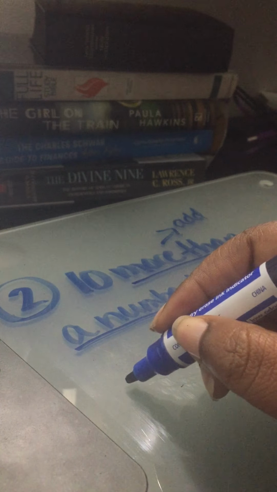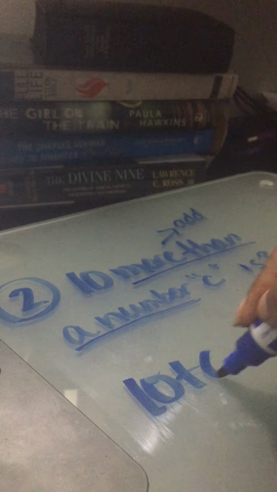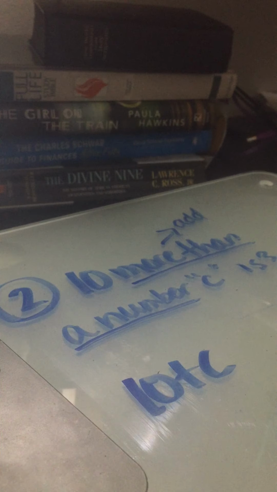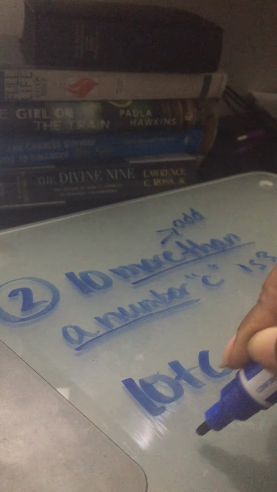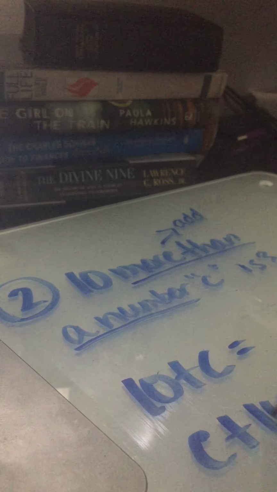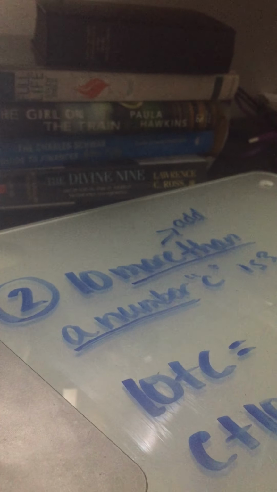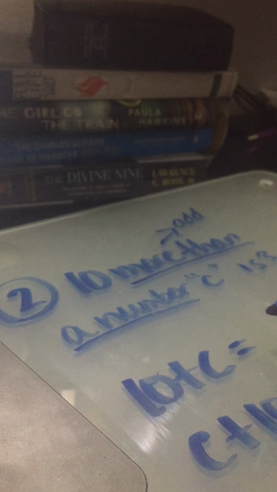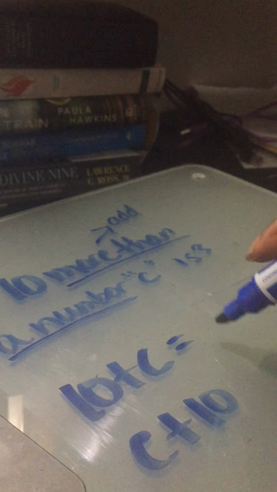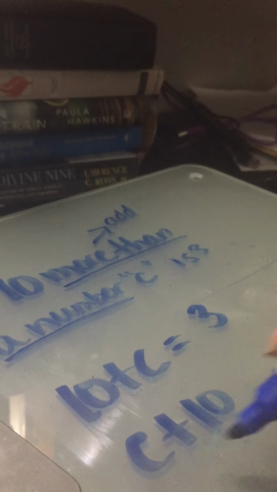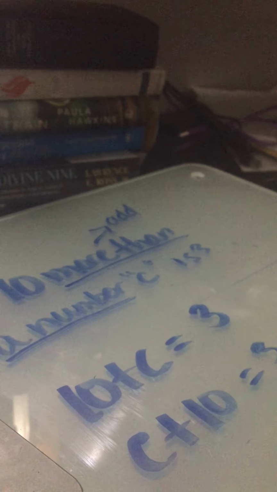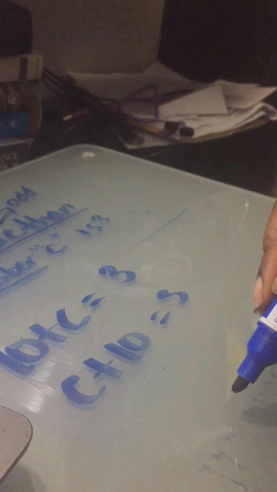You can write that as 10 plus c, or you can write it as c plus 10. So that is 10 plus c is equal to 3, or c plus 10 is equal to 3. Same thing. All right, so let's solve. I'm going to use the bottom one.